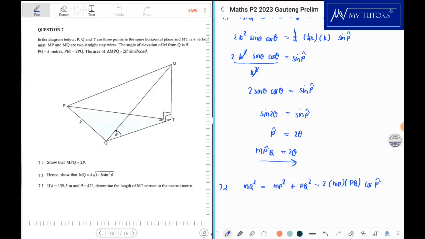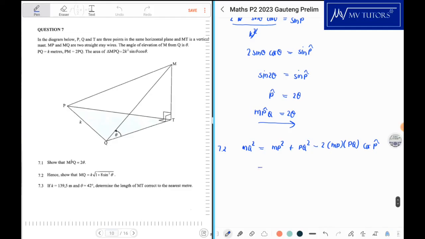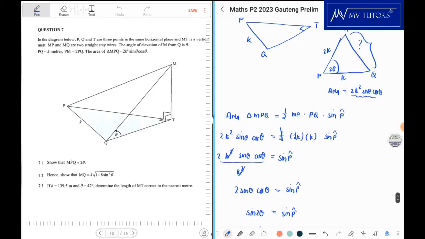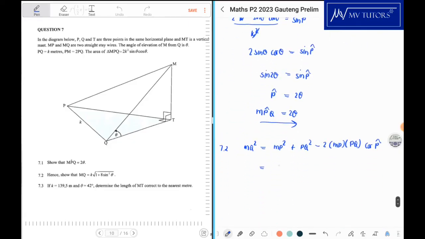Okay, so let's just fill in what is missing. So I know that MP, I'm going to need to go up and down. MP is 2K, PQ is K. So 2K squared, K squared minus 2, 2K, K, and cos 2 theta. So 2K squared, that is 4K squared plus K squared minus 4K squared cos 2 theta.